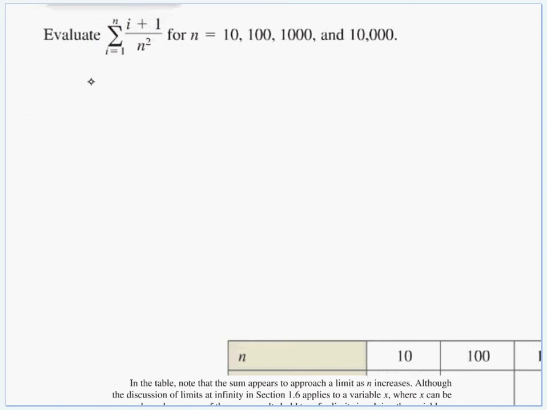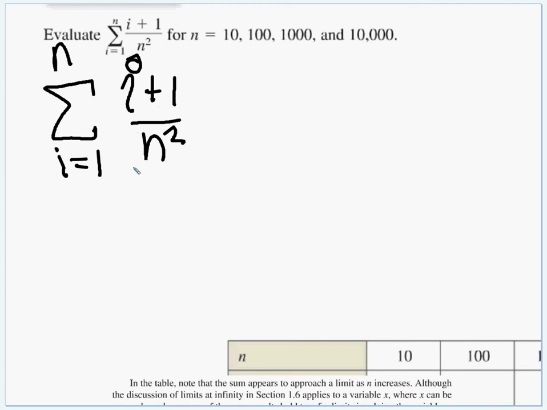I'm just going to copy the exact same thing we have here. We have our summation from i equals 1 to n of (i plus 1) over n squared. After the summation, we only want i's and numbers.